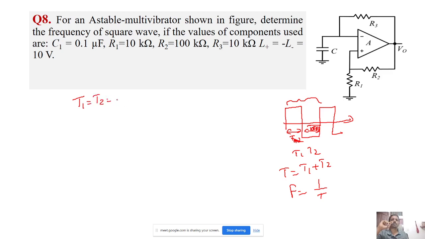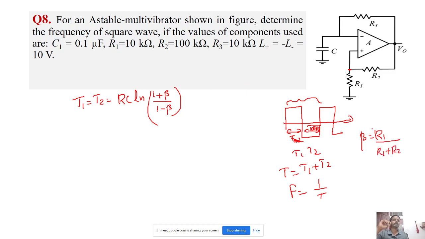So T1 and T2 will be equal to RC natural log of (1 plus beta) by (1 minus beta). This is the time period of an astable multivibrator realized by an op amp. So what is beta here? Beta is this ratio, so beta equal to R1 by R1 plus R2.